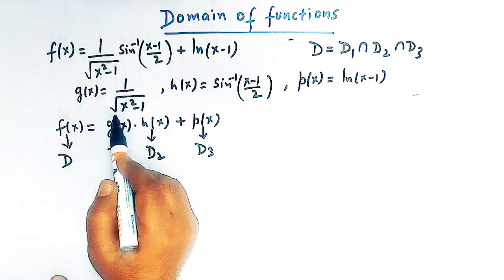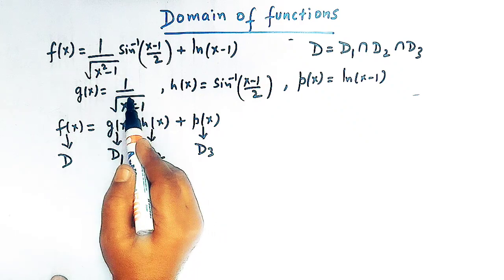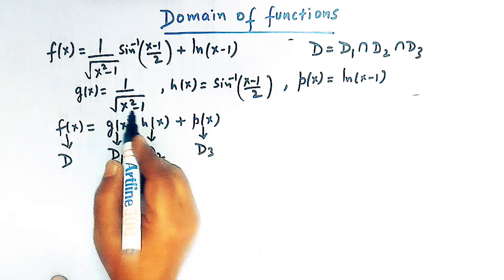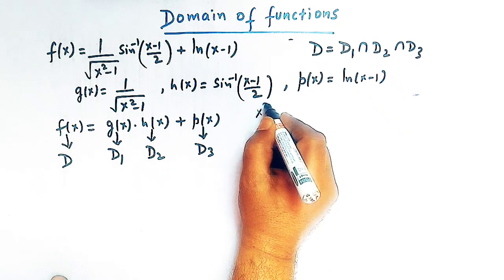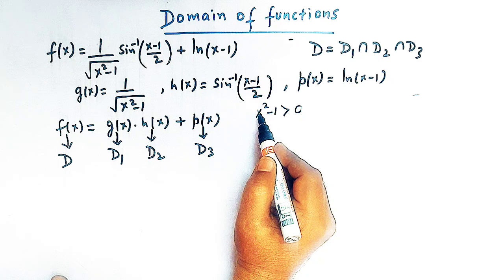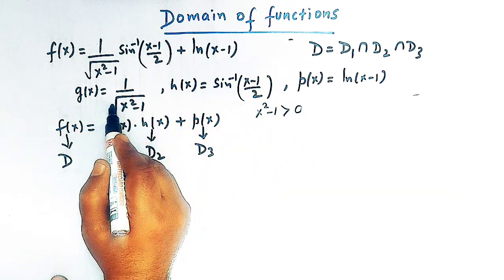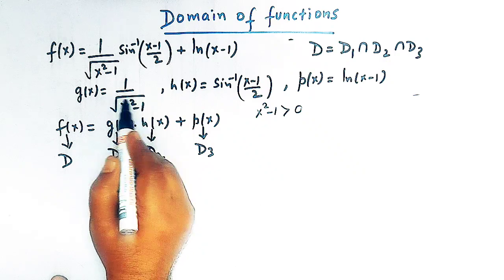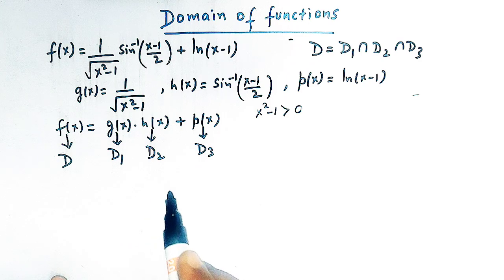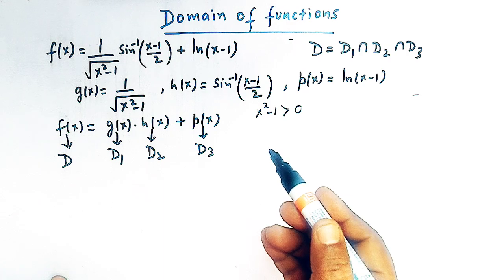Now see, here in the denominator we have square root of x square minus 1, and clearly this function g of x is defined for those values of x for which x square minus 1 should be greater than 0, right? Because x square minus 1 is inside the square root sign, and inside the square root sign we must have a positive quantity, because the square root of positive quantities are defined in the set of real numbers.